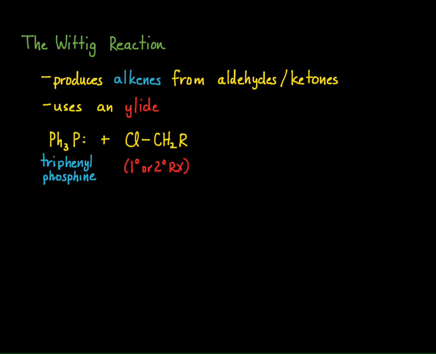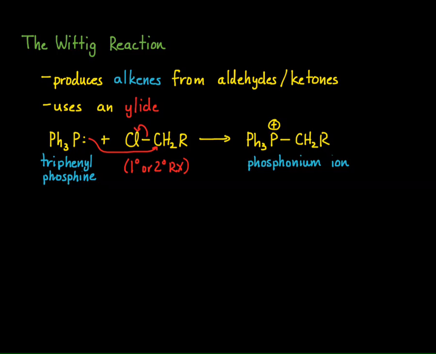So this is important to understand. And what happens is in the first step you get a nucleophilic substitution reaction, chloride comes off, and you generate this species. So now the phosphorus has a positive charge on it, right? And this is called a phosphonium ion.